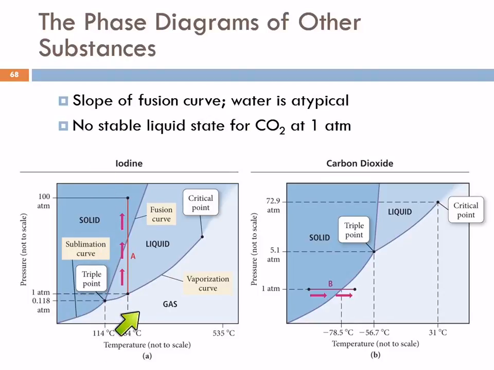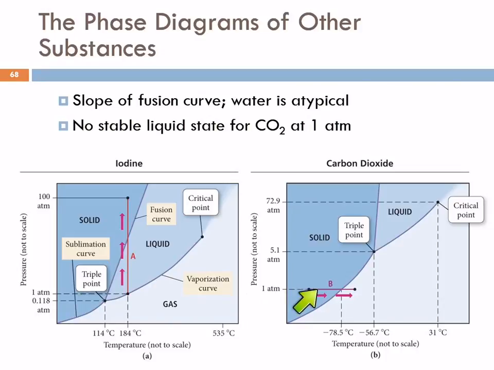So iodine has a critical point up here. Carbon dioxide's critical point is at 31 degrees Celsius, 72 atmospheres. Here's 1 atmosphere.